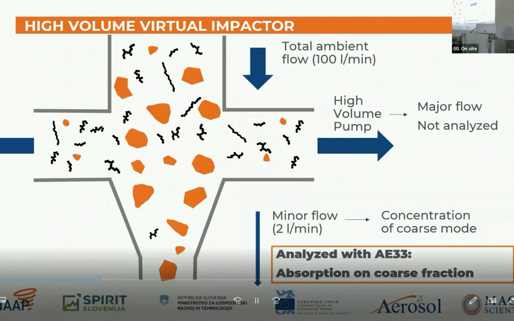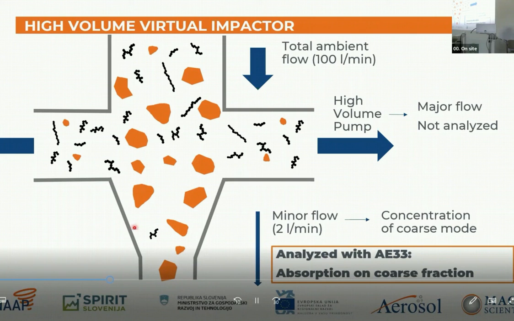On the next slide, here is a sketch of a high volume virtual impactor where we are using two different flows. The major flow is around 100 liters per minute, and the minor flow is 2 liters per minute. Because black carbon is smaller, it has lower momentum. Therefore, it's easier to change its trajectory. On the other hand, coarse particles are bigger with higher momentum.